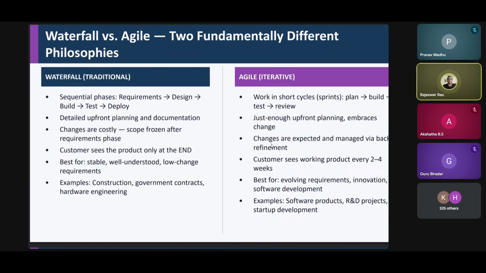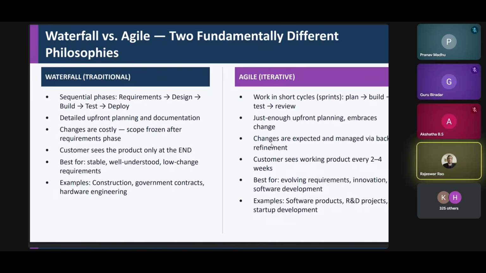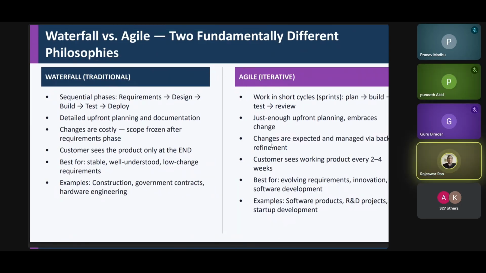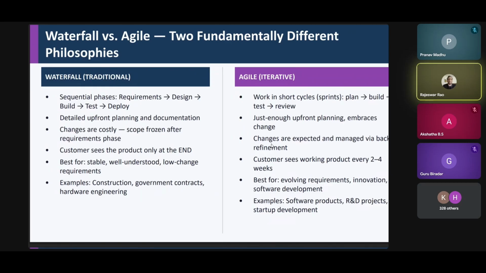I'll give you a simple analogy from day-to-day life. Suppose you are building a 3-storied house with 4 bedrooms. In a classical waterfall model, you can only do your housewarming ceremony once the house is ready. But by the time you start occupying the house, a lot has changed.